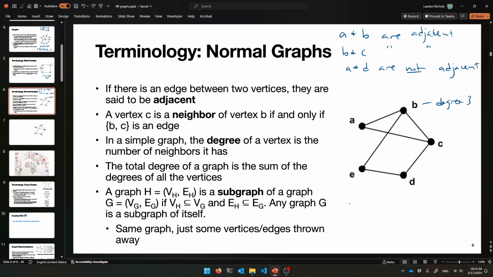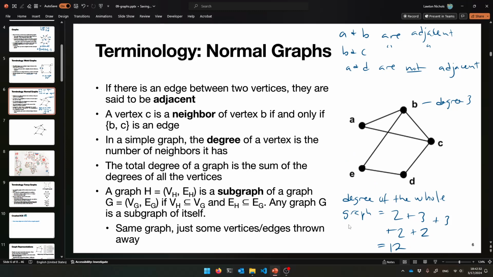So the degree of the whole graph, in this example, try to count it while I'm writing all this, is equal to, well, 2 for A plus 3 for B, 2 plus 3, 3 for C, it's got 3 edges, 3 neighbors, right? 2 plus 3 plus 3, plus 2 for D, 2 neighbors, plus E. E's neighbors, that's 2 of them again, so plus another 2. So that is apparently equal to 6, 7, 8, 9, 10, 11, 12. So the degree of the whole graph is 12.